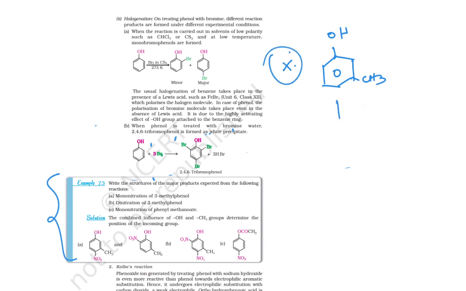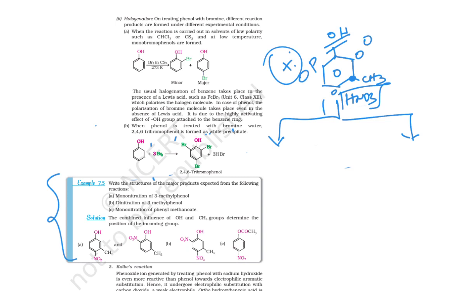So look here, we are doing the nitration. At that time we are able to get two products. With respect to this group, this is ortho, this is para. With respect to this OH, this is ortho, this is para.